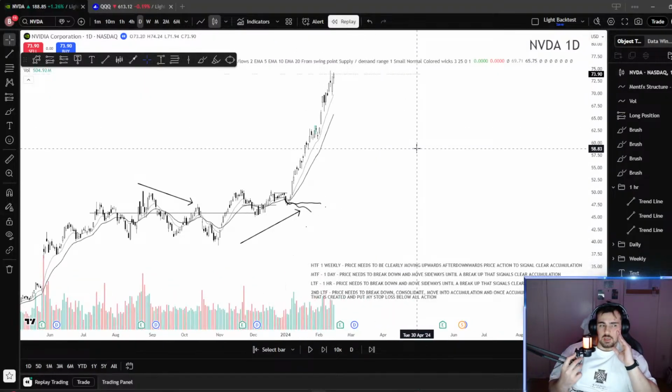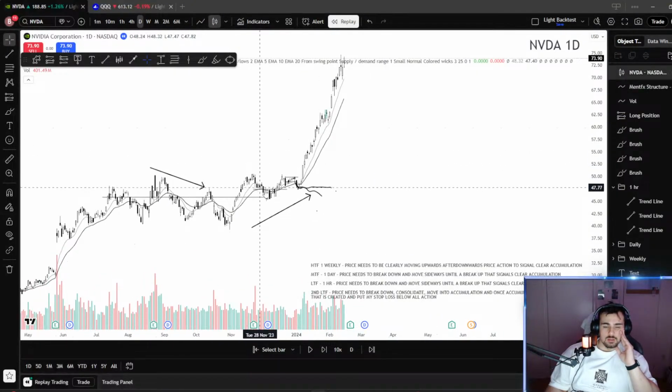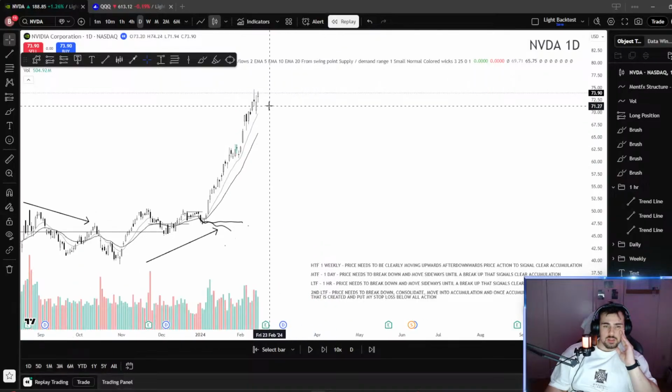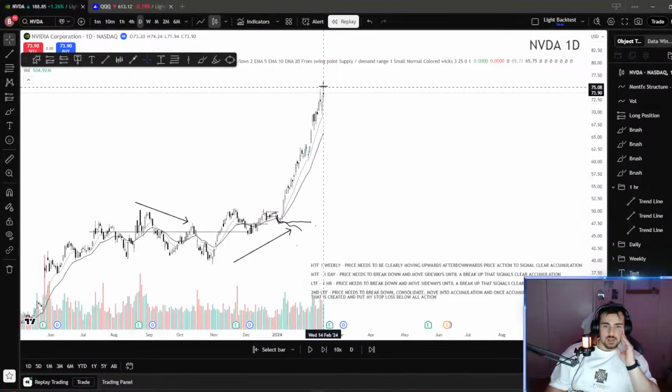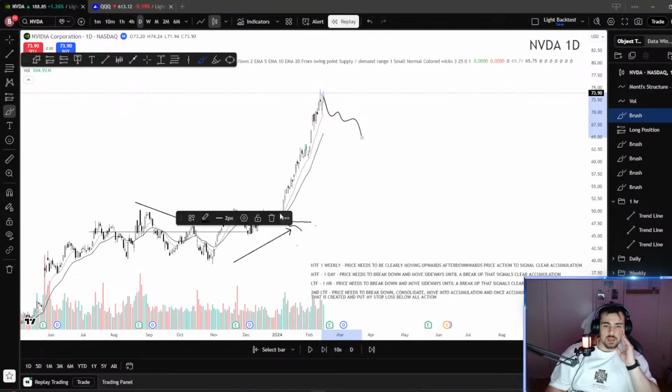So I'm just going to keep backtesting this market here. What I probably want to see here, since the daily's so high up, is the daily reset now.